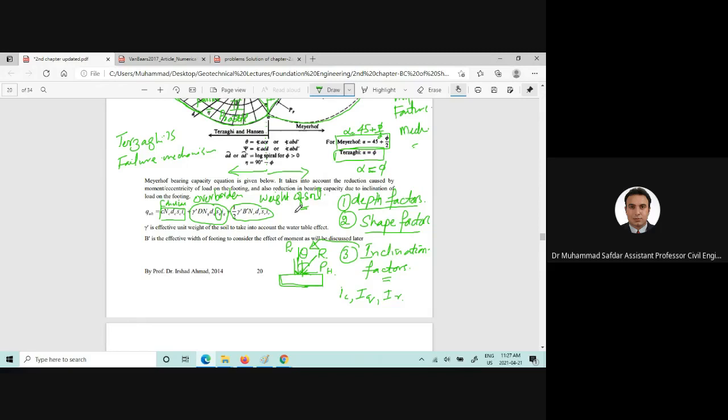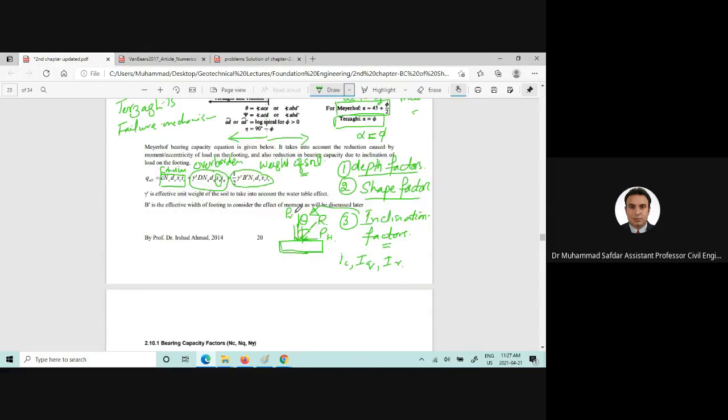So the shape factors are SC, SQ, and S gamma. The depth factors are DC, DQ, and D gamma. We will come to the B prime, which is the effective width of the foundation.